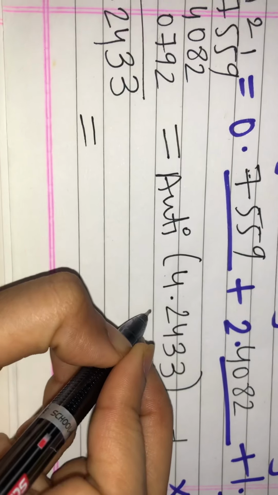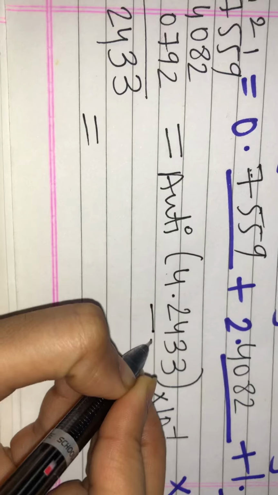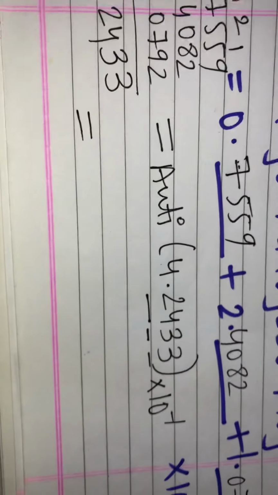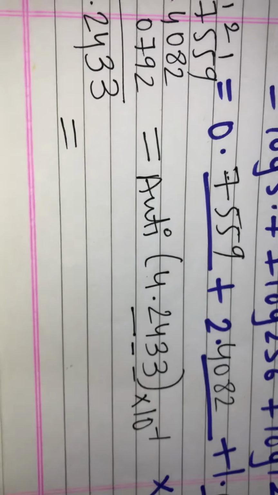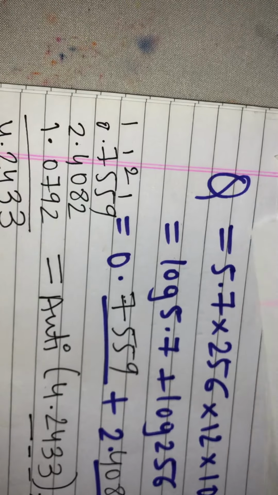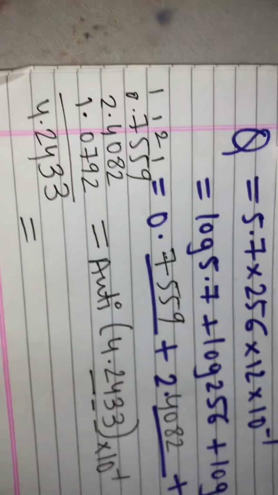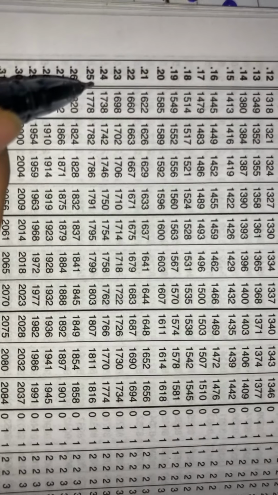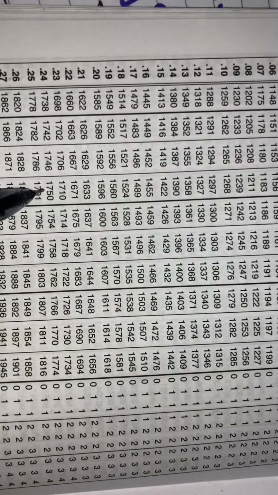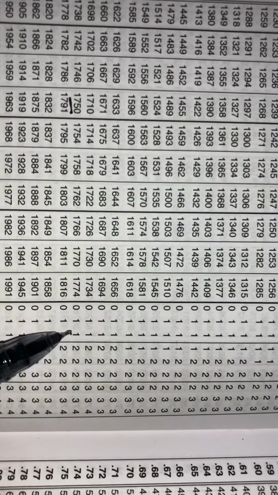Now, the anti-log of 2433. We'll be seeing that. Okay, the anti-log of 2433, that is the anti-log of 2.2433. This is for 3, and in this 3, it is 1750 plus 1.